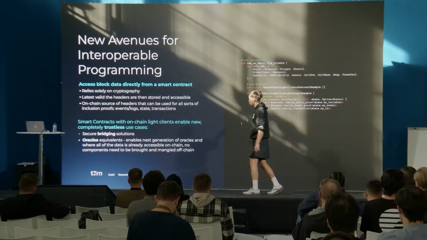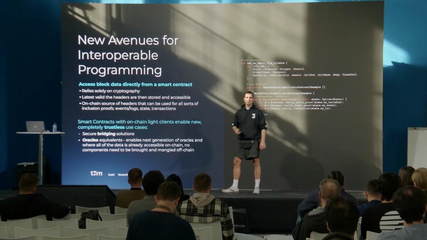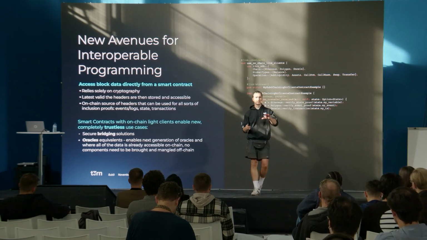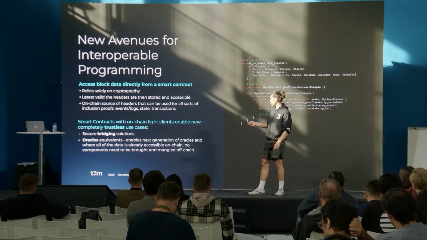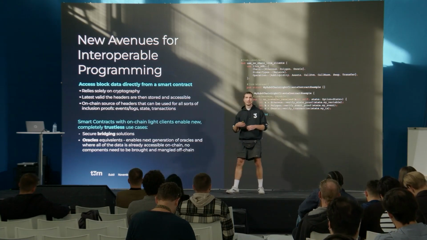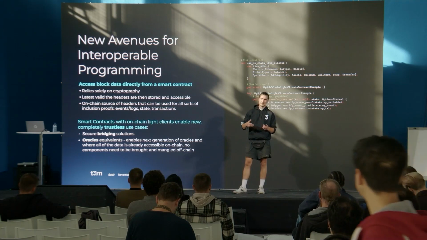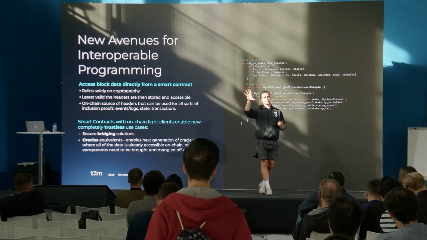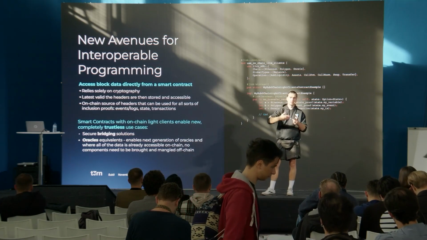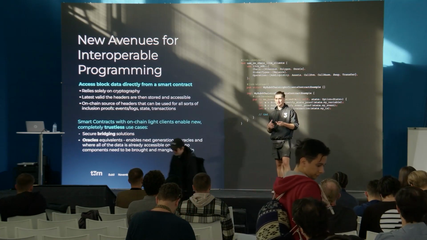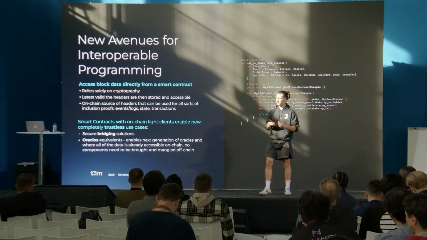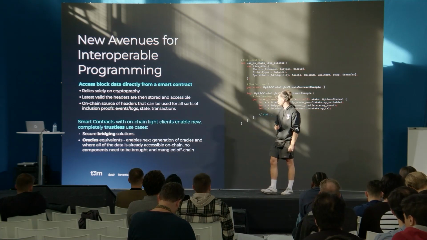So enabling another bridging solution that effectively works without the bridge, since all of the light client data is already there, becomes relatively easy. Also building out all of the oracles that, for now, always have this need to offboard the data that the oracle will use, package it into some system, and another verification that happens off-chain on oracles, and then provide the data back on-chain.